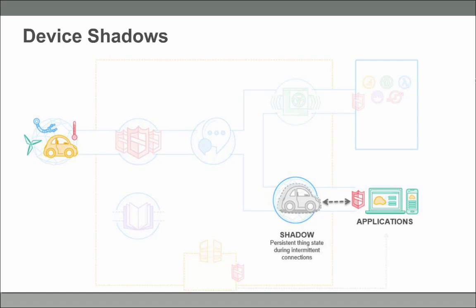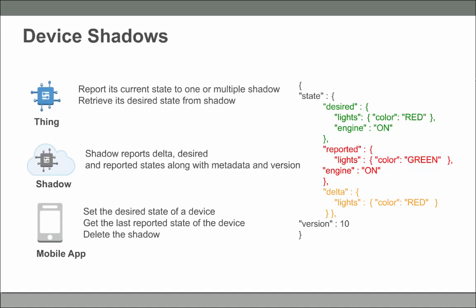You can always interact with it, do things like get the last known value or send an update of state to it. If the device is online, that message gets to the device immediately. And if it's offline, the next time it comes online, that sync happens. So it disconnects the programming against the device from whether it's connected or not.